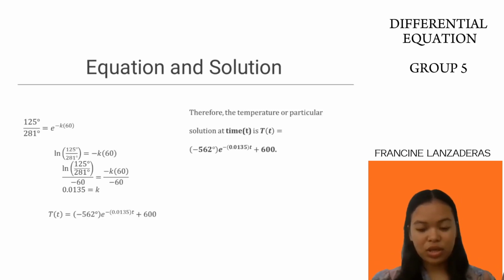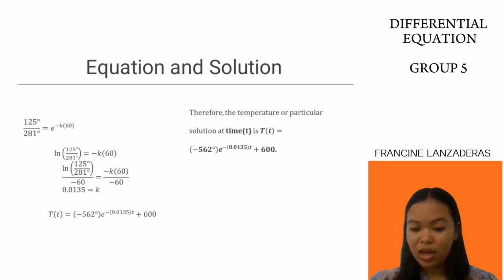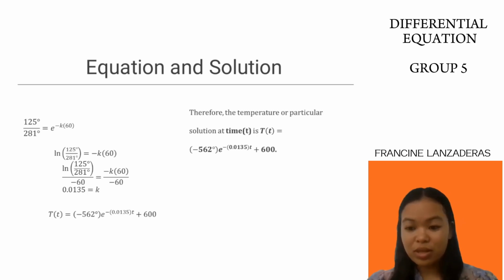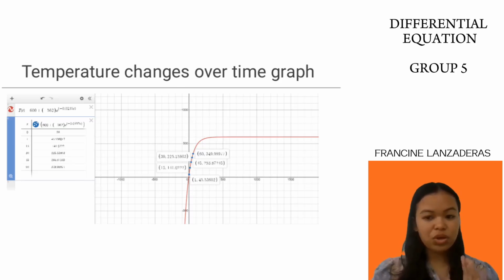Substituting the initial values, we get that the particular solution at time t is T of time equals negative 562 degrees times e raised to negative 0.0135 t plus 600.